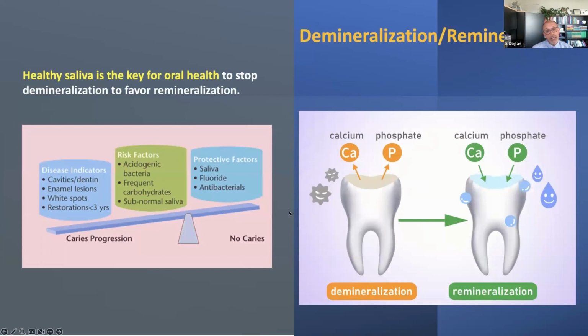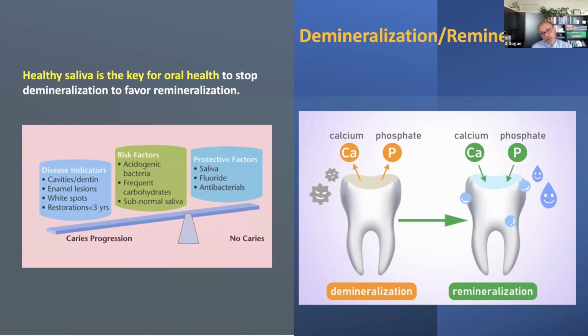A healthy saliva is always protective, but when you look at subnormal saliva, I have very little saliva, I take medication that reduces my saliva, or a cancer treatment can also cause saliva reduction. All these things, if my saliva is subnormal, it's a risk factor, and my balance goes from remineralization to demineralization. It starts the caries progression.